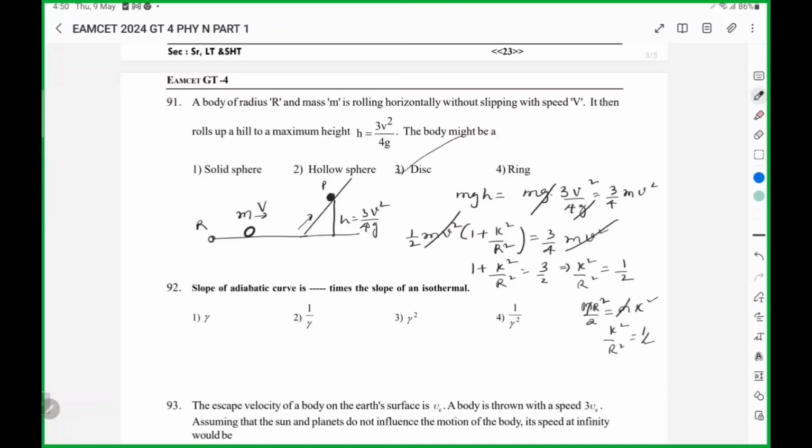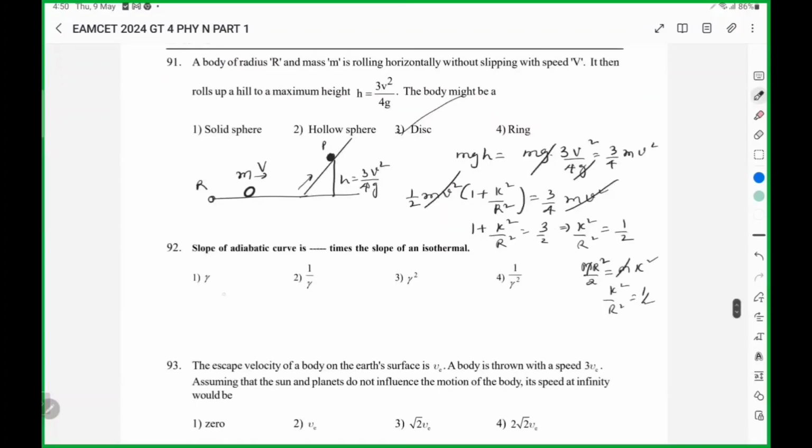Next, slope of an adiabatic curve and slope of an isothermal curve on a PV graph. Take log: log p plus log v is constant.